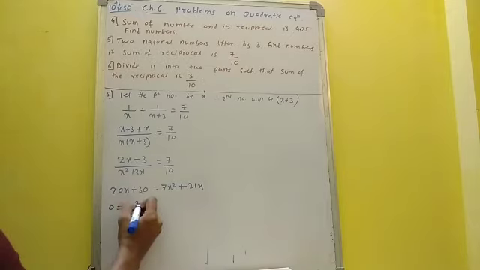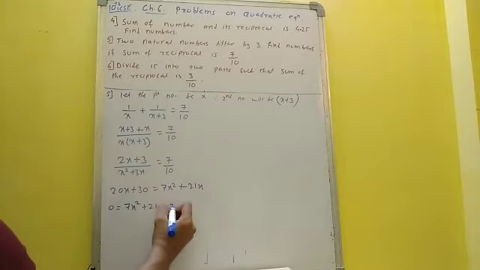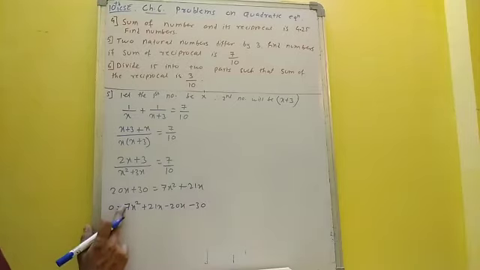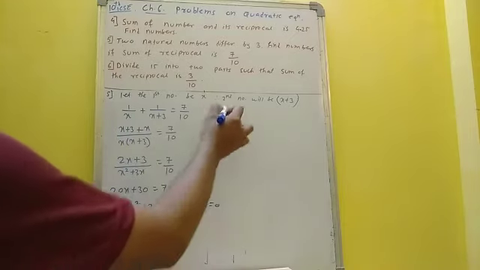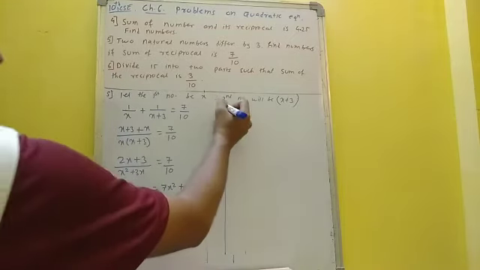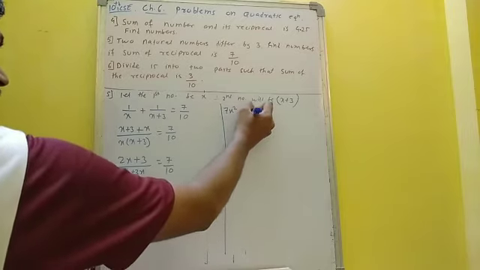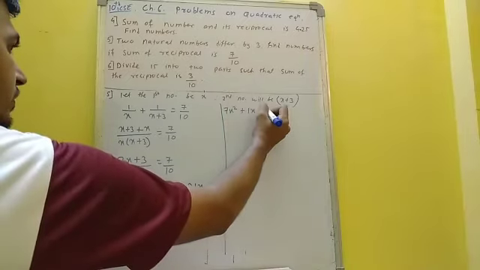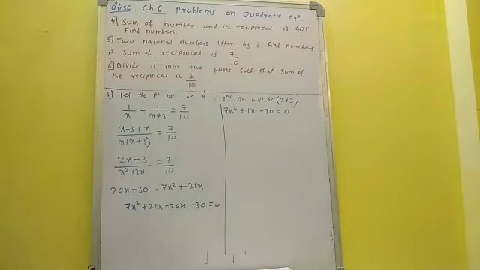So it is 7x square plus 21x minus 20x. See, 20 is on this side, plus 30 will become minus 30. If I am writing equal to 0 over here or here, it doesn't make any difference. Okay. So 7x square plus 21 minus 20 is 1x minus 30 is equal to 0.